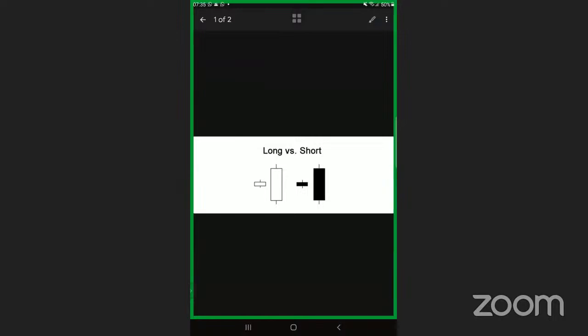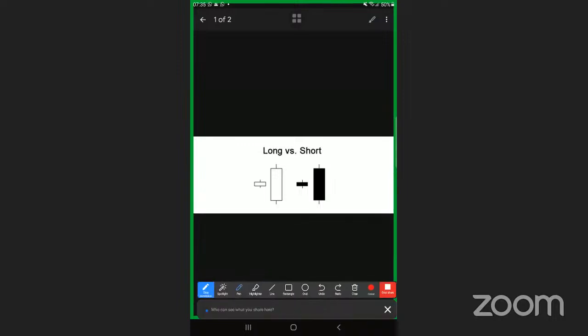Because you need to understand that you are going to find candles of different sizes in the same time frame. If you are trading in the 4 hour time frame, this candle here took 4 hours to develop. The same applies to this one. It also took 4 hours to develop. Why is it that this one is short, this one is long?